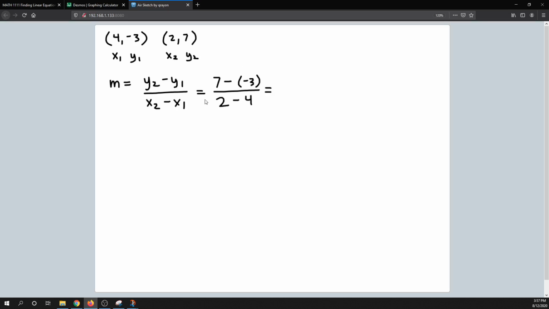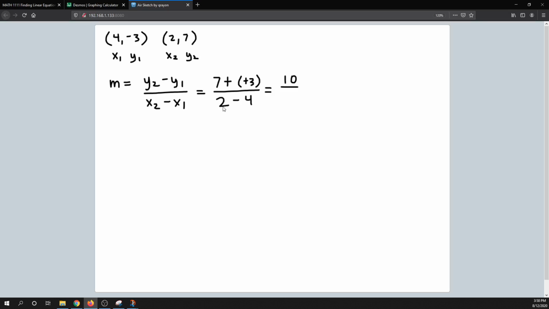Okay, and so now we would just simplify this as much as possible. So right here we have subtracting a negative, right? So remember, you can always rewrite that as addition, right, by adding the opposite. Change the subtraction to addition, and then change the sign of the number here. So 7 minus a negative 3 is the same as 7 plus a positive 3, and we know that comes out to be a 10.